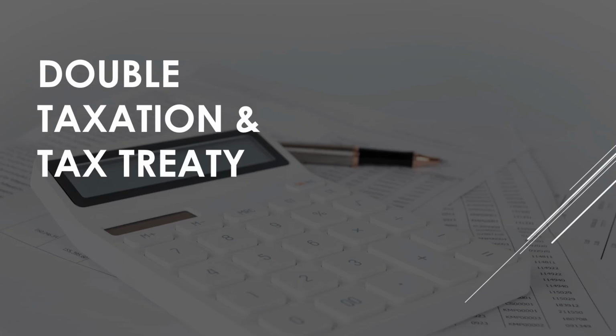LLCs, however, often cause problems due to mismatches in entity classifications. Some forms like CRA Form T2209 and Article X provisions should be used when filing tax returns and should be considered when you are forming the entity.